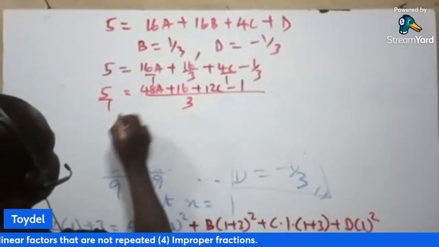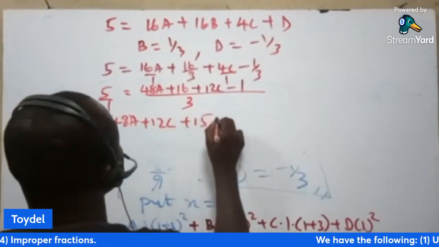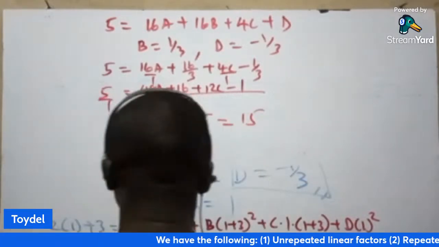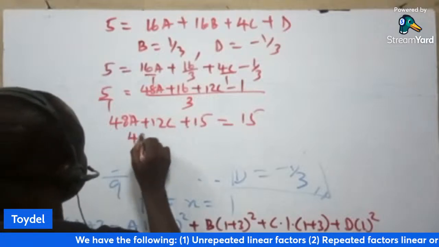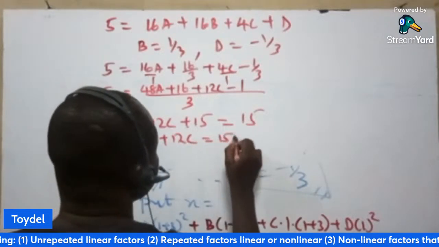If I cross multiply, I'm going to get 48A plus 12C plus 15 to be equal to 15. That's what you're going to get. Then I will have 48A plus 12C to be equal to 15 minus 15.